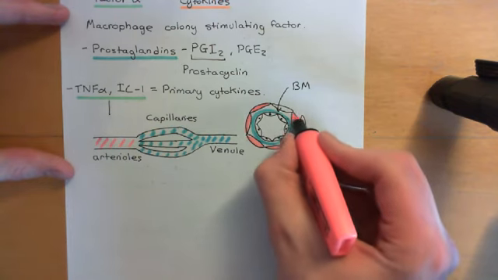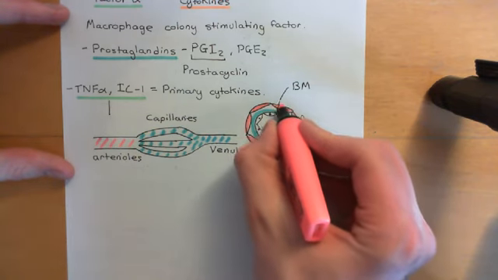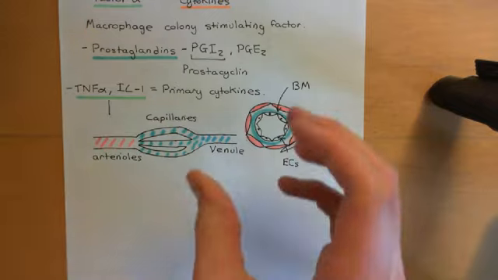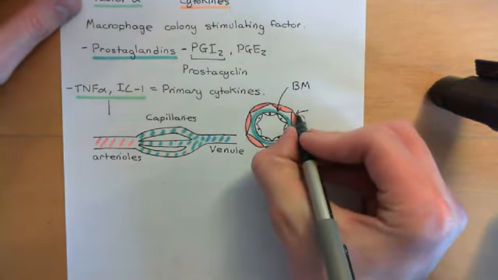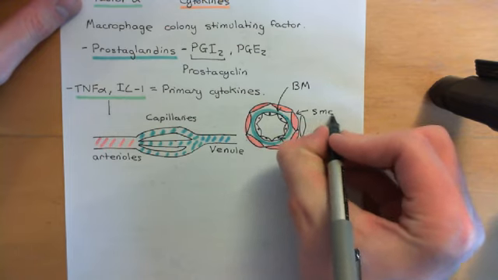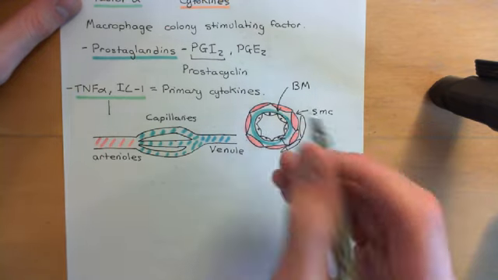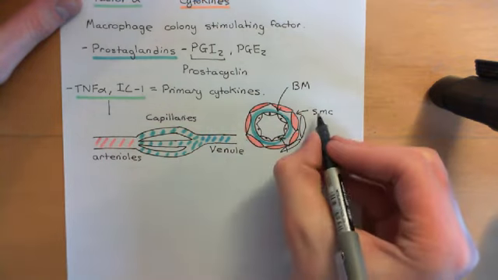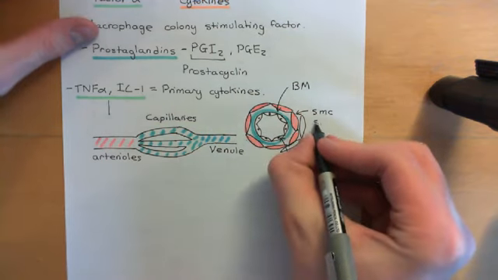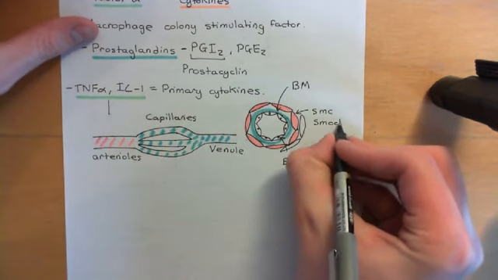And when the circumference of a ring decreases, that means that the diameter of the ring decreases, and therefore the diameter of the whole blood vessel would decrease, and that's called vasoconstriction. So basically, the smooth muscle cells here control the diameter of the arteriole. They control the size of the lumen of the arteriole. Okay, so SMC here is just short for smooth muscle cell.